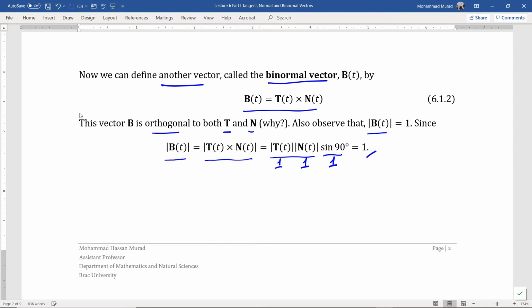So this gives the magnitude of the binormal vector equal to 1.